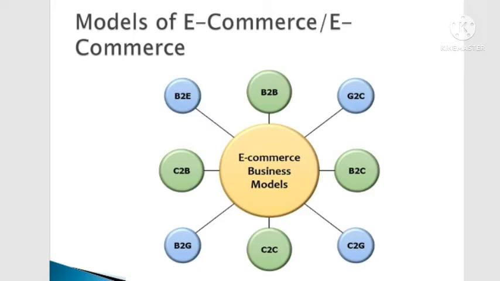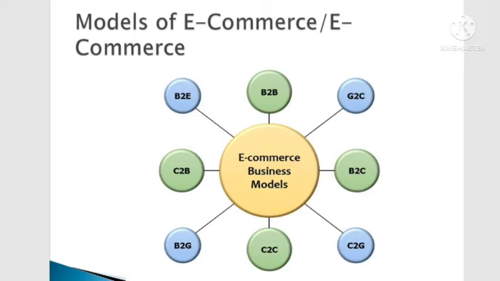Next, we have the government to customer model. So when any information is provided by the government to the customer, for example, these days everything has been automatized. You can have access to governmental information like electoral rolls, or if you have applied for a category certificate or income certificate, everything is available online.